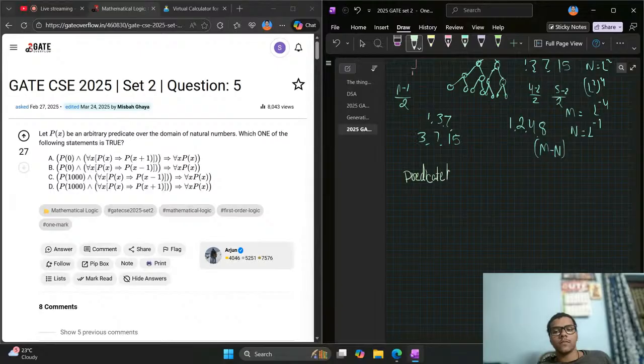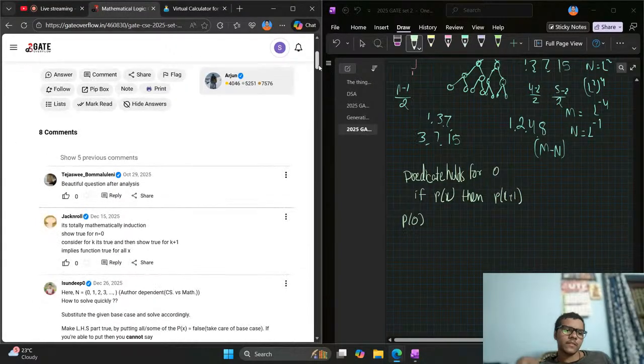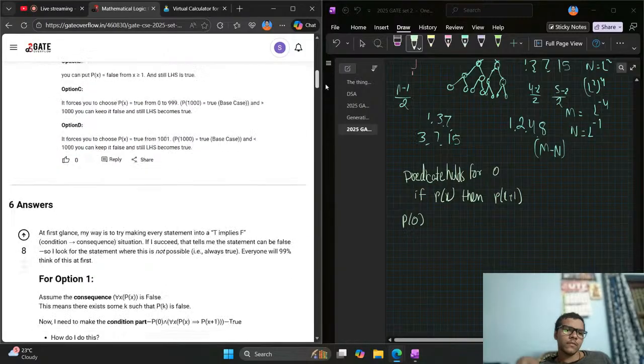Predicate holds for 0. If predicate holds for x, then predicate holds for the next one. So it holds for everything. That's mathematical induction. Predicate holds for 0 and, I don't care about that. I don't care about that. A should be the answer.